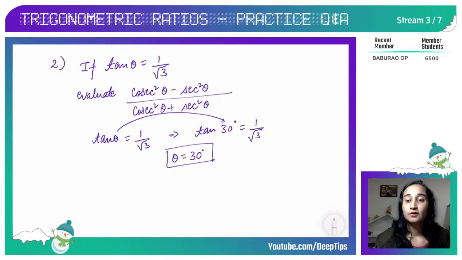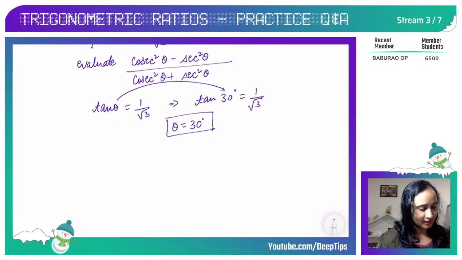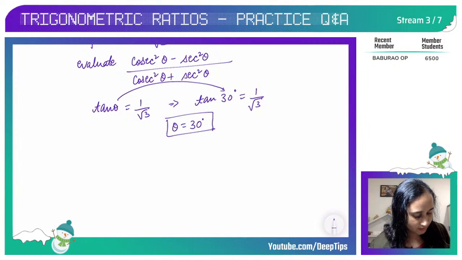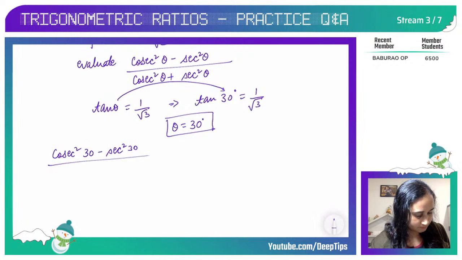So now we know that our theta is 30 degree, correct? So I can substitute it in my expression: cosecant square 30 minus secant square 30 upon cosecant square 30 plus secant square 30.